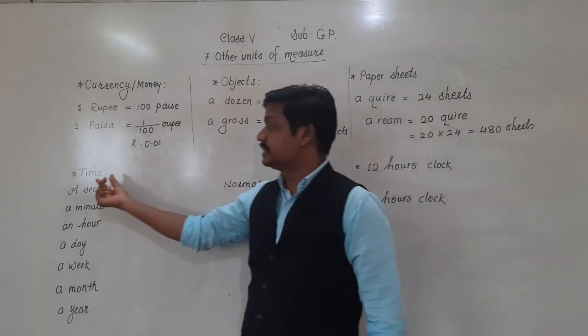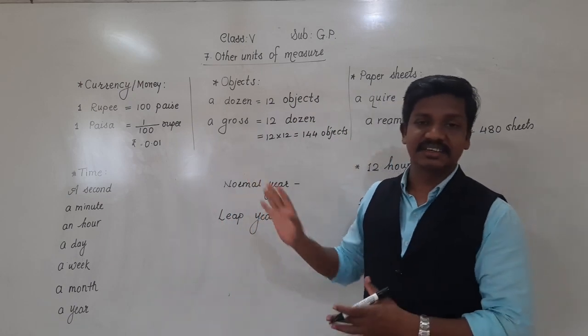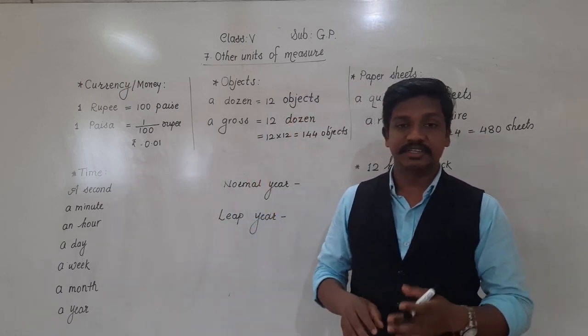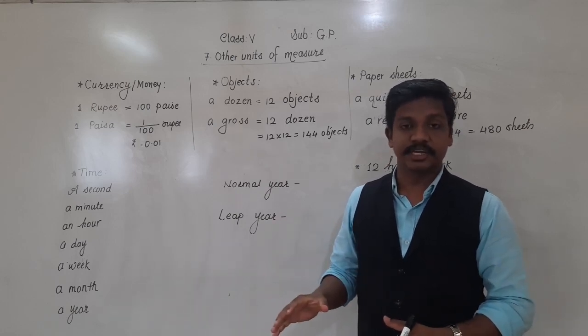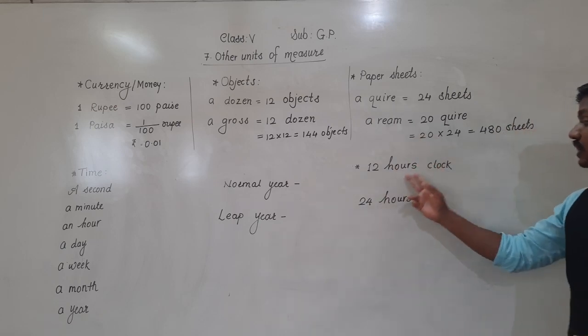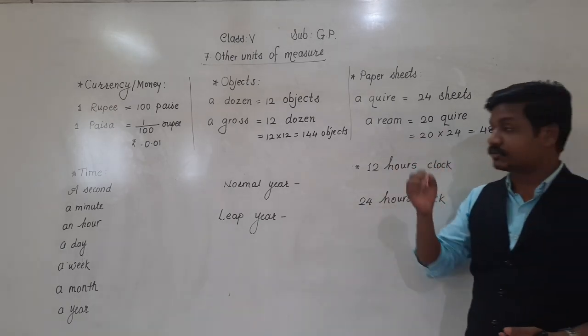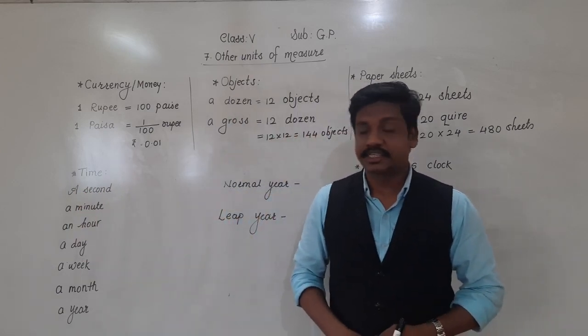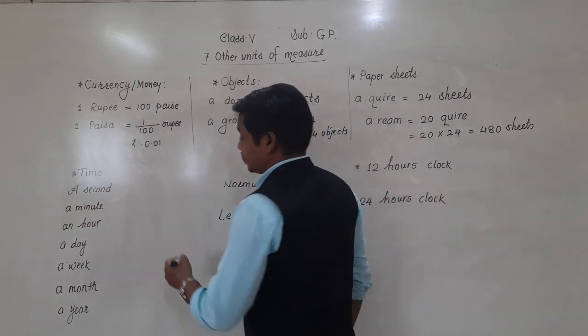Understood? So these two are the units to measure sheets of paper. Now the next term is time. This is familiar to us, right? We have done it in the 4th standard also: units of time, as well as normal year, leap year, 12-hour clock, 24-hour clock. Let us revise. A second is the smallest unit. Then there is the minute.